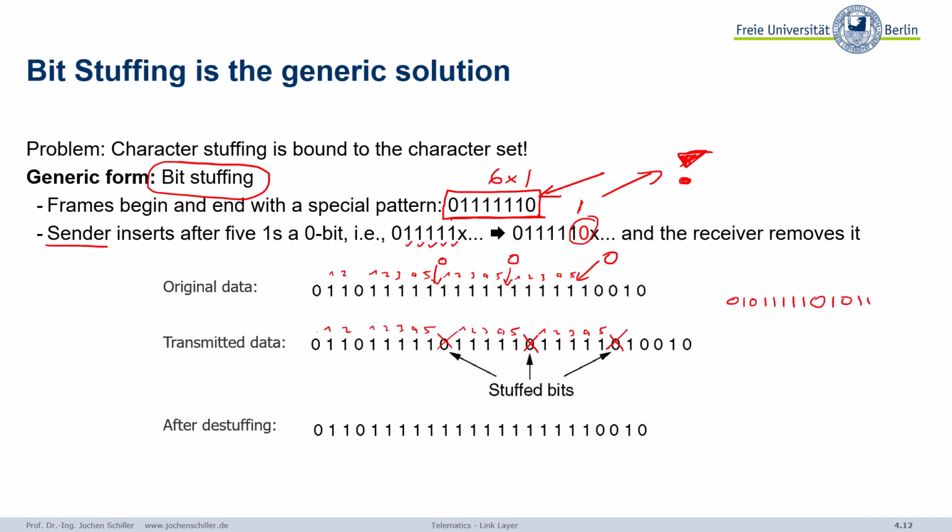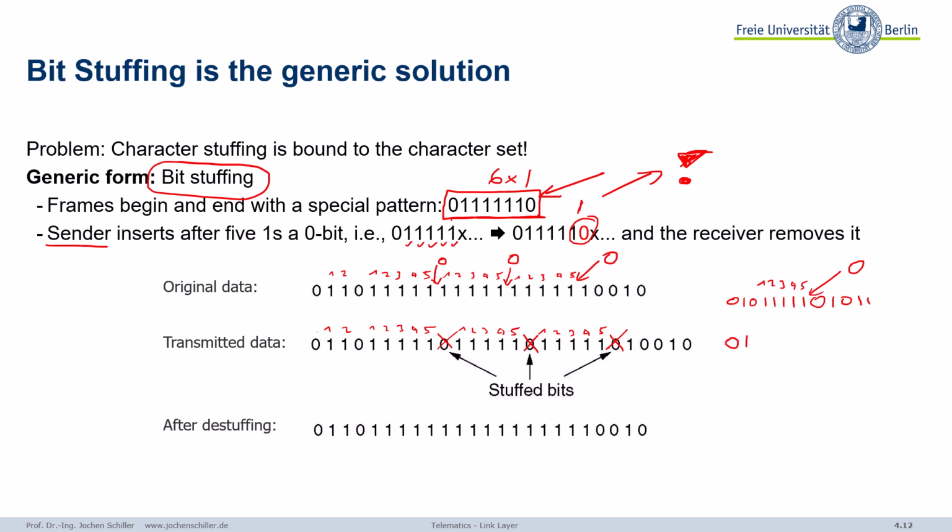So then it wouldn't be necessary to stuff anything. No, you always stuff. So 1, 2, 3, 4, 5. We have to stuff a 0, although this does not look like the special pattern.